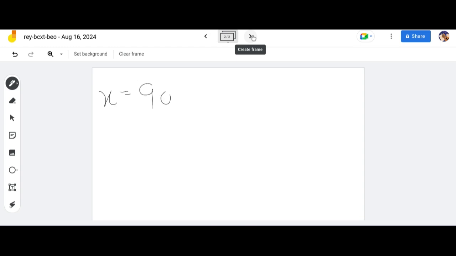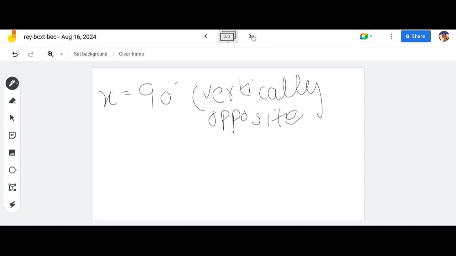And why is this 90? Because these are vertically opposite angles. I am writing the reason. Now I have found the value of x.